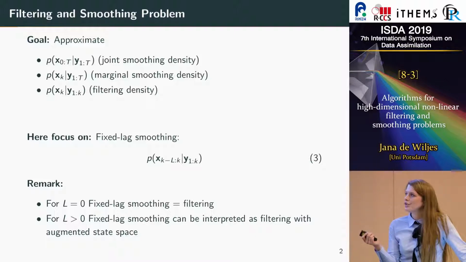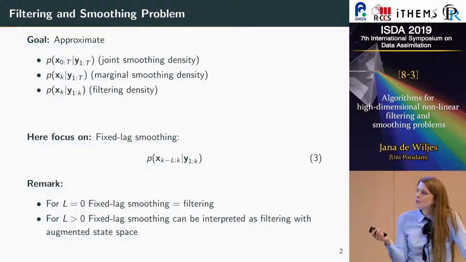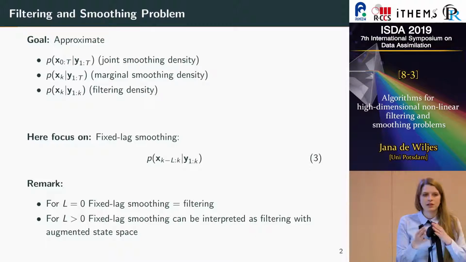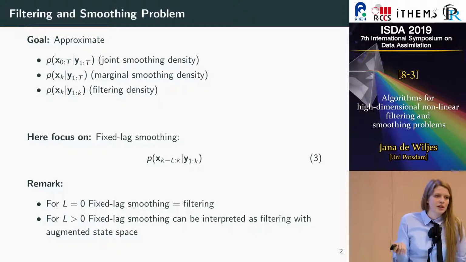It can be the marginal or the joint smoothing density, but I'm reducing the problem to look at fixed lag smoothing, because if you look at a too large time interval, the smoother just becomes degenerate.